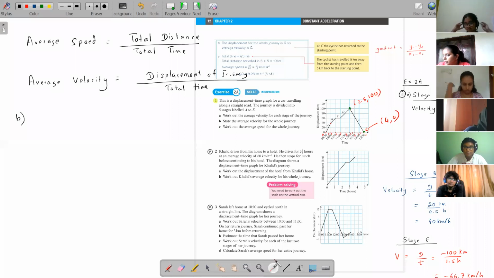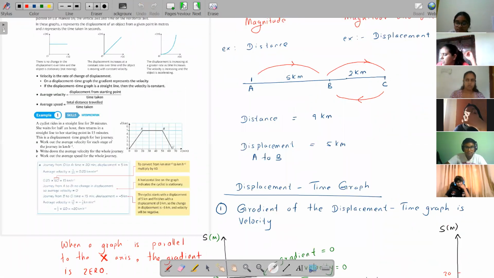See children, now when we say average velocity, I told you it's the displacement of the journey divided by the total time. When you consider this entire journey, you start from the starting point, home, and then you go, and then you're coming back. I was giving you this explanation at the very beginning of the lesson, right? I gave you the meaning of displacement.